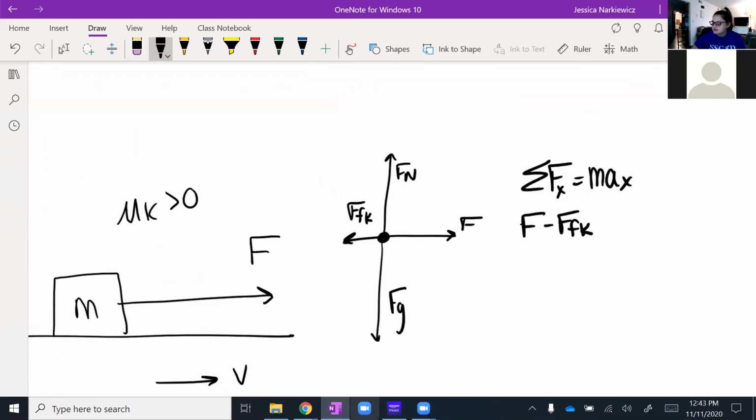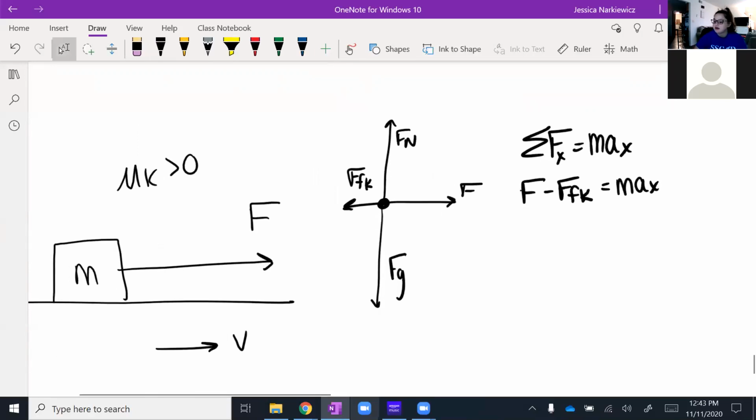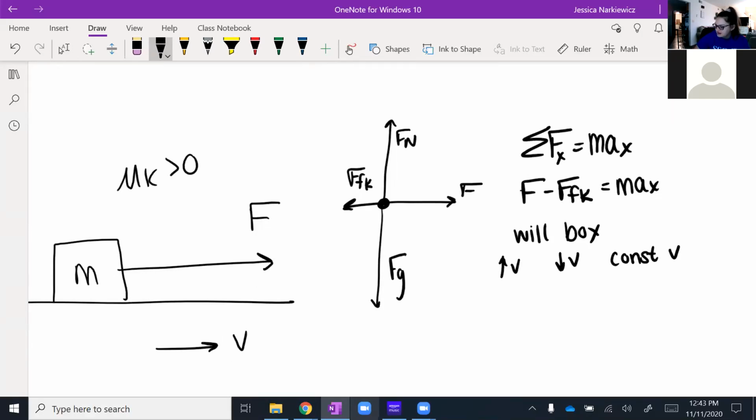Now the values of these forces from one situation to another haven't changed. So we'll still have a net force to the right, but because I'm now subtracting the force of friction instead of adding it, I have less force, which means I have less acceleration. That's just a fun fact. Just like before, I want to know, will this box increase in velocity, decrease in velocity, or have a constant velocity?